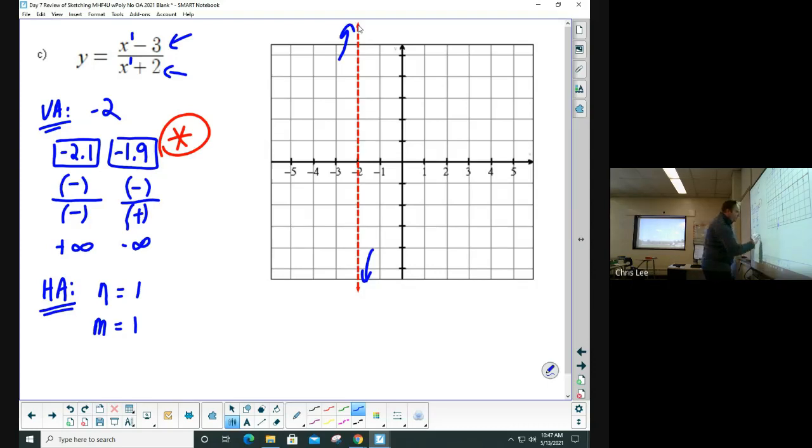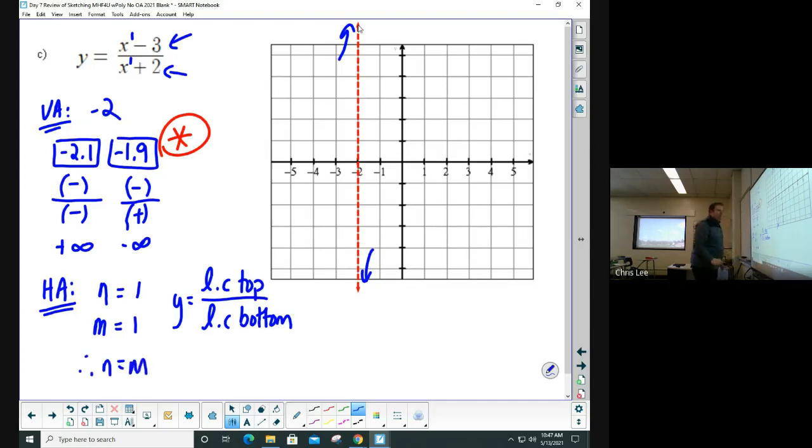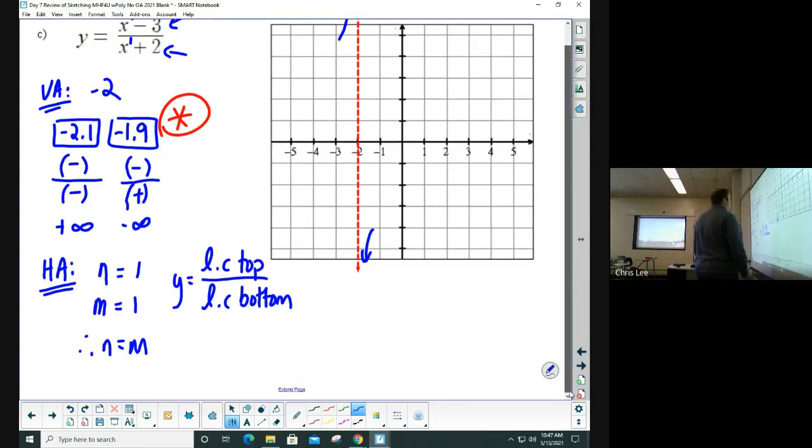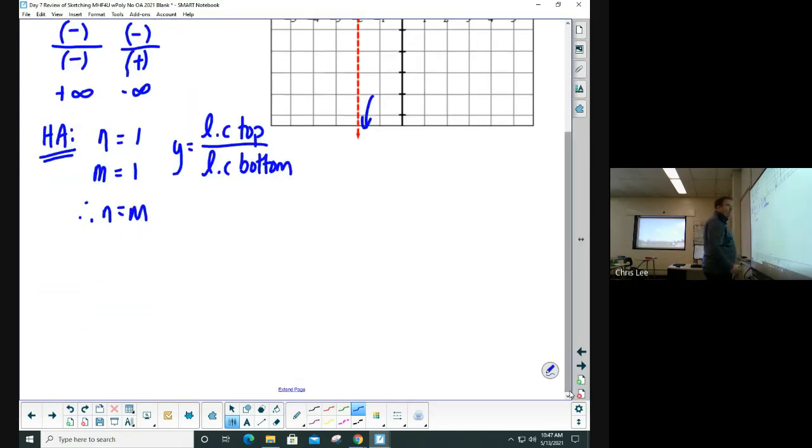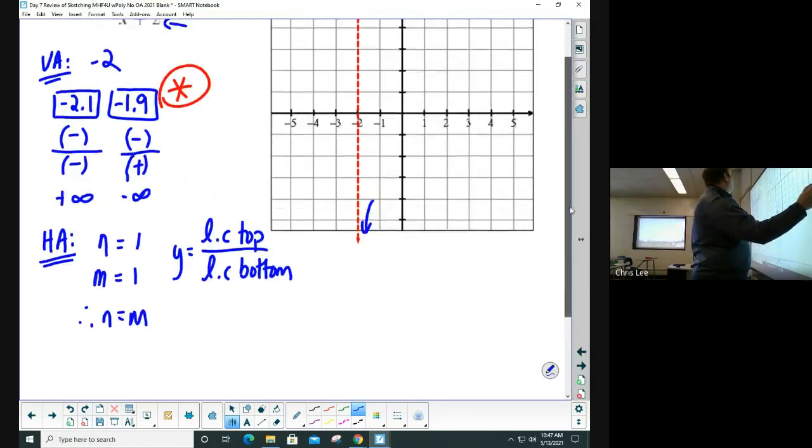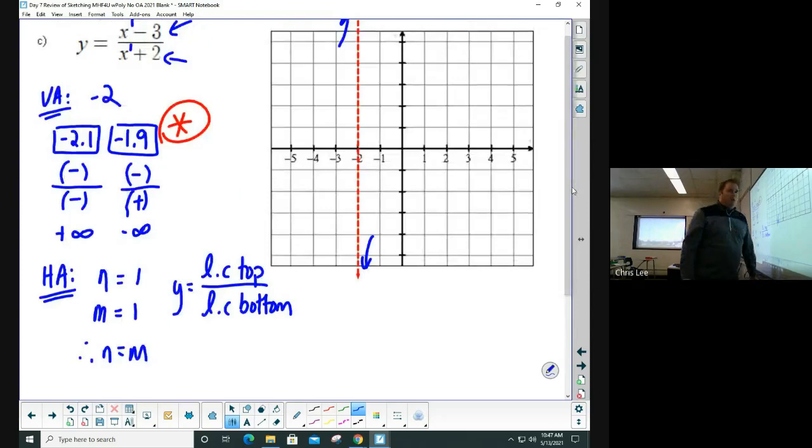So the equation was y equals the LC, the leading coefficient of the top, divided by the leading coefficient of the bottom. We did this when n was equal to m. And again, I know this has been a while, to remind ourselves of that, and that's okay. That's the whole point of this lesson.